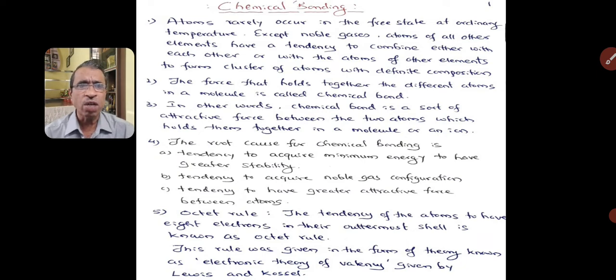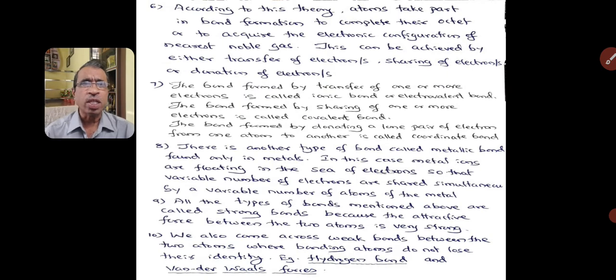This rule was given in the form of a theory known as electronic theory of valency given by Lewis and Kossel. According to this theory, atoms take part in bond formation to complete their octet or to acquire the electronic configuration of the nearest noble gas.